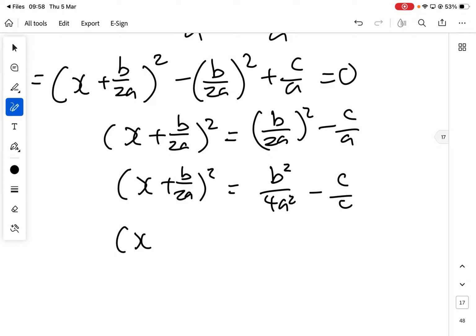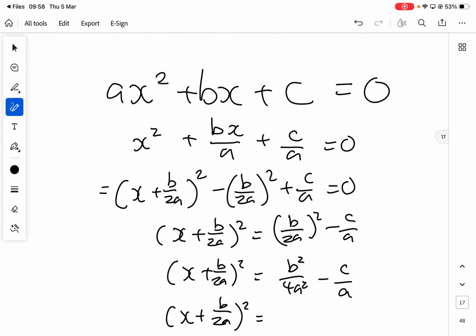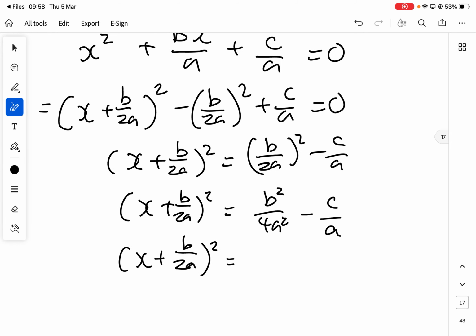It is c over a, sorry. What I'm writing is not inside your workbook. I am trying to complete the square and solve for ax squared plus bx plus c.